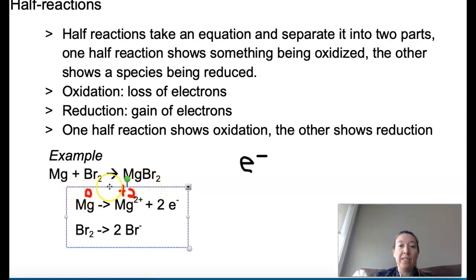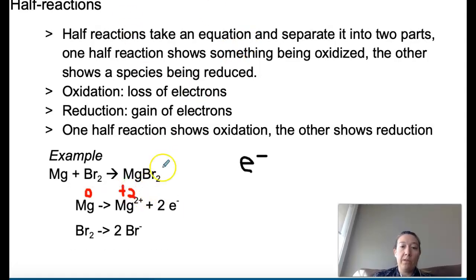I've got 0 on this side and 0 on this side. Okay, now we're going to do the same thing with our second half reaction. So we have Br2. There's no charge written here, so that means this has a 0 charge. Here I have 2 Br-. So because I have the 2 in front, 2 times -1 is -2.